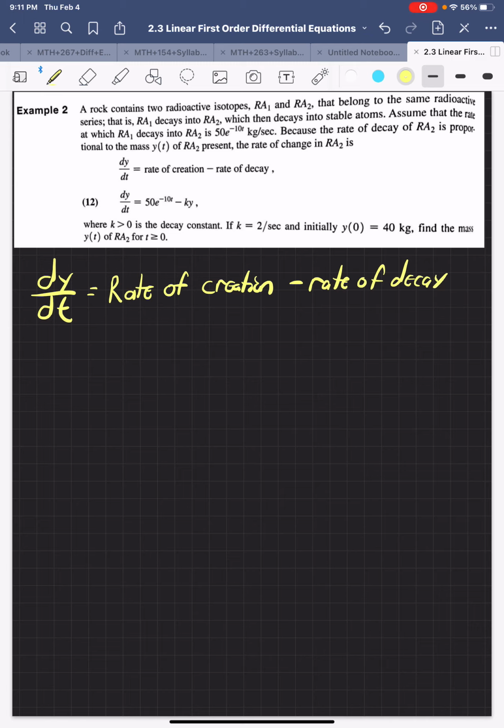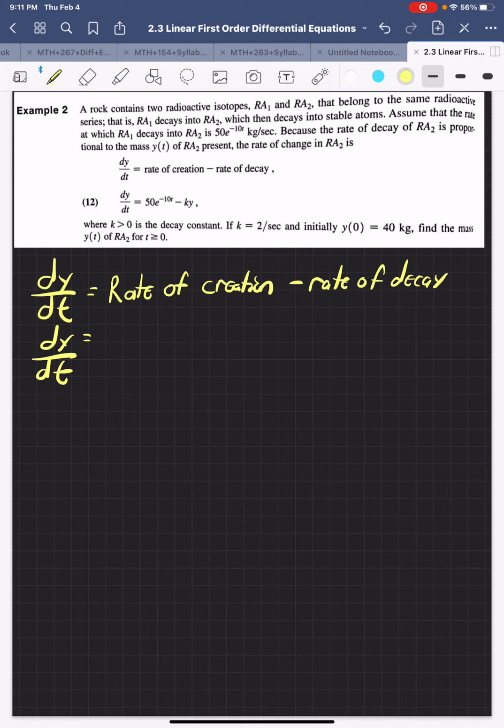And let me write the other piece of information that they give us. Oh, good. Okay, good. We don't have to do a lot of interpreting.